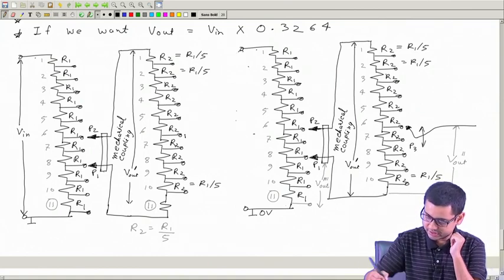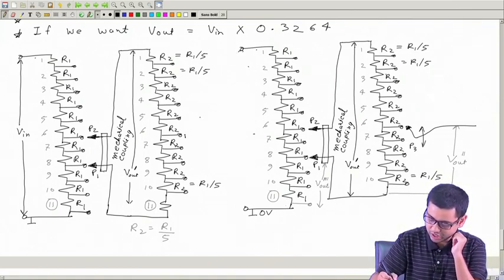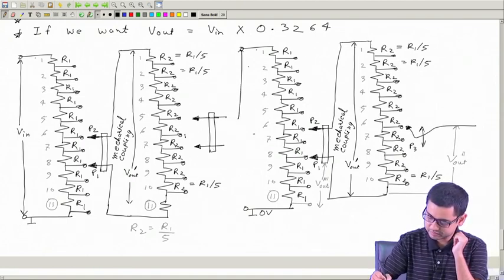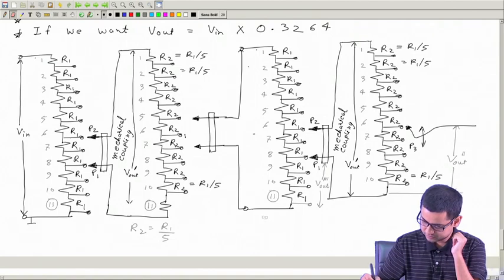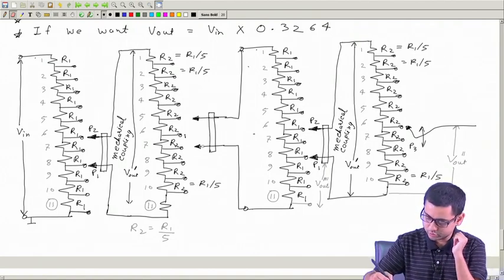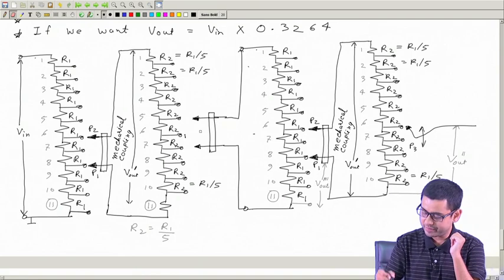Here also in the third stage, we will have a mechanically coupled arrangement. So these two pointers move together. You can move these two together, you cannot move them alone.